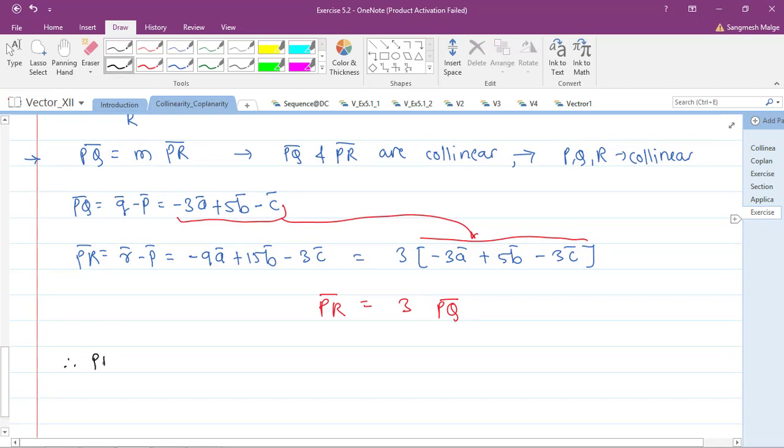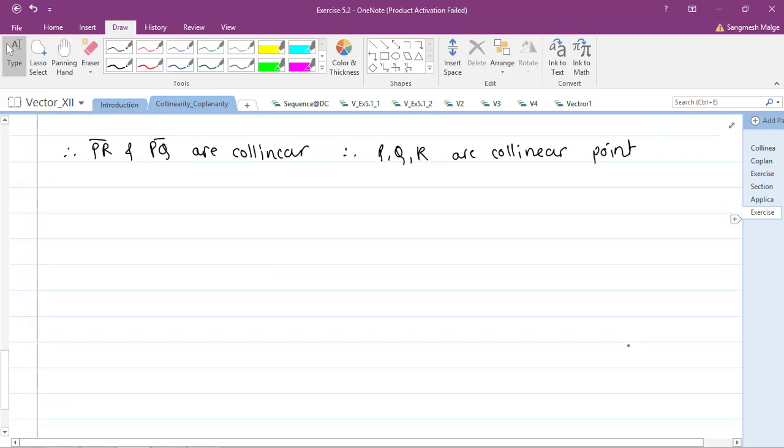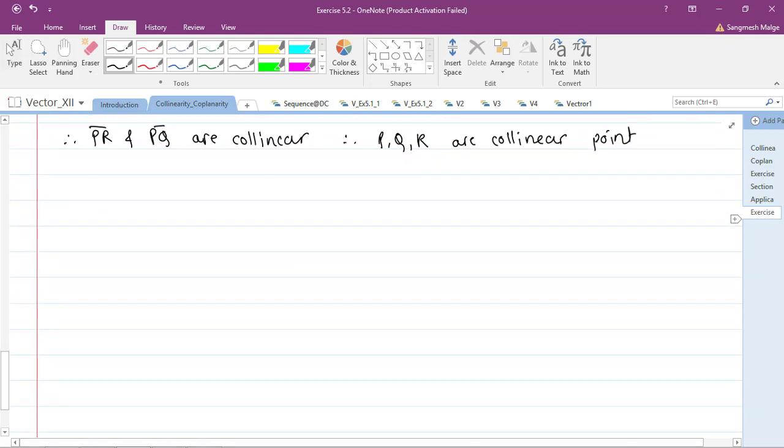Therefore PR bar and PQ bar are collinear, and therefore P, Q, R are collinear points. It's sufficient to show that these vectors are collinear. I hope it is clear now. Let's see the next one.